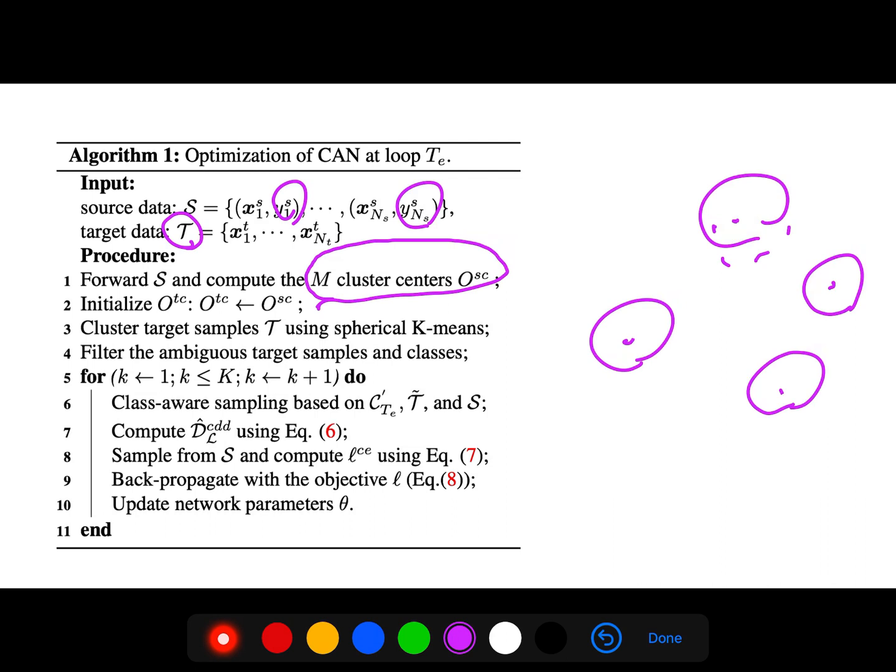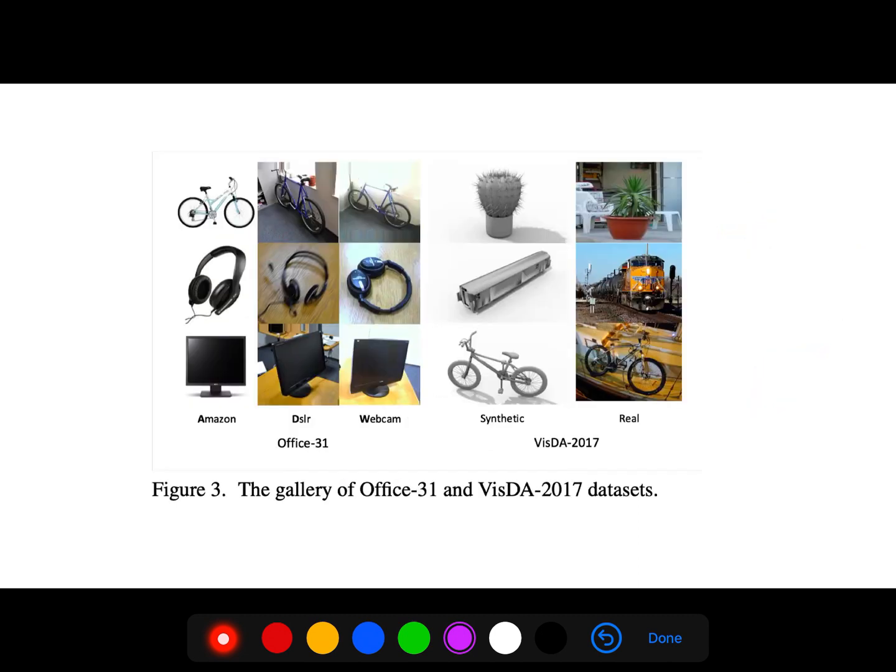And then we cluster target samples using k-means and filter ambiguous target samples in classes. We don't want the outliers, so we filter those. So we go through a loop. First, we do class-aware sampling. Then we compute D, sample from source, compute this loss, backpropagate the objective, then update the network parameters.